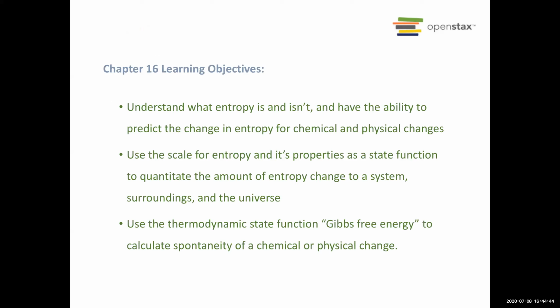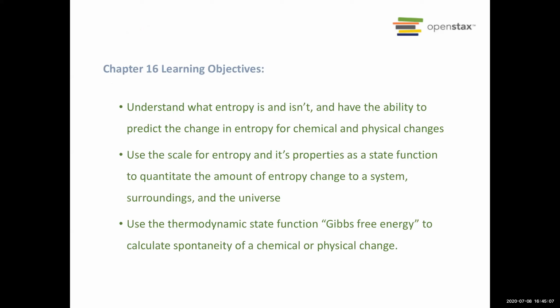The learning objectives for chapter 16 follow the topics that we're going to cover. First is to understand what entropy is and isn't, and have the ability to predict the change in entropy for chemical and physical changes.